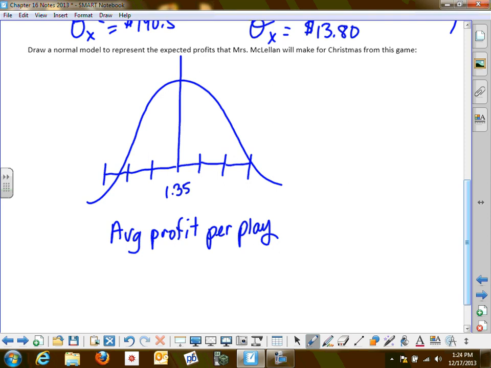So I've put some numbers in here to give you an idea for the wide range of profit margin. It could go all the way up to $42.75 positive, or all the way down to $40.05 negative. Now, I'm not exactly sure how that can average out to that big per play. I wonder if this means per whole person, because if it's max of 5, then it could be more than that. But anyway, that's another question.